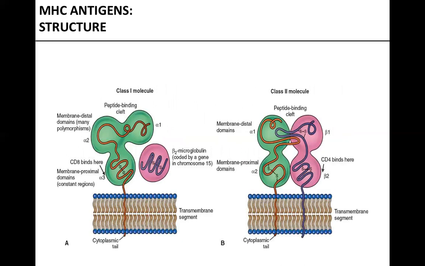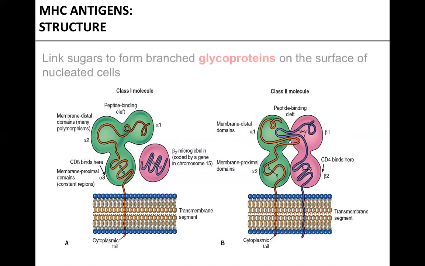So let's talk about the structure of the MHC molecule for a second. What you're seeing here on the screen is class 1 and class 2. They look a little bit different in terms of structure, but this is what they actually look like on the surface of the cell.